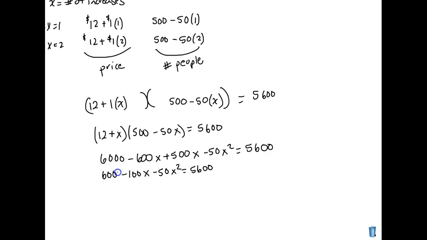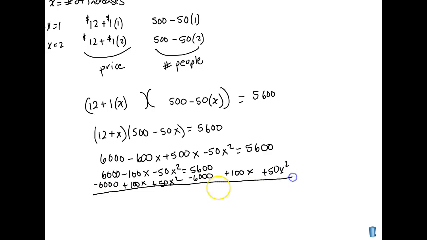This is 6,000, so I'm going to subtract everything over to the other side, or add it, as the case may be. This is a little bit longer way, but I like dealing with the problem such that we have positive coefficients. So I get 0 equals 50x squared plus 100x minus 400. Okay? And then I can solve this using the quadratic formula.